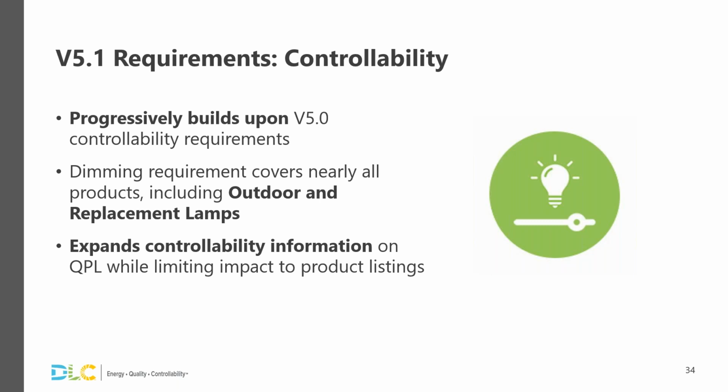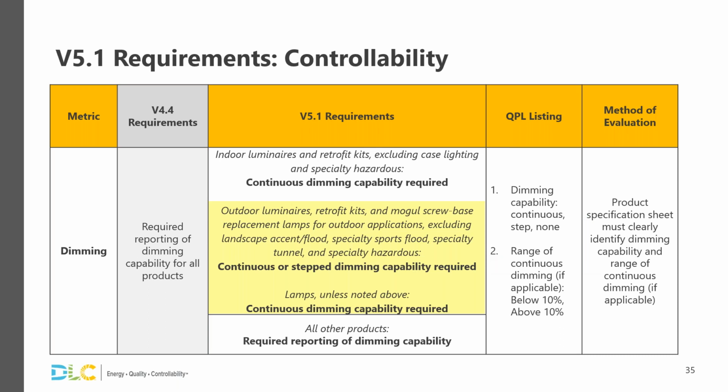Also, 5.1 includes some expanded reporting requirements and some brand new reporting requirements relating to the controllability of products. And this is intended to better inform the specifiers and users of the qualified products list. So let's take a look at the specific details, starting with dimming under controllability.